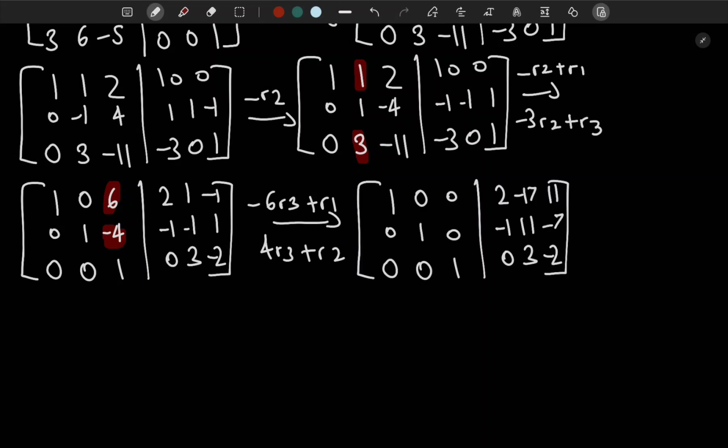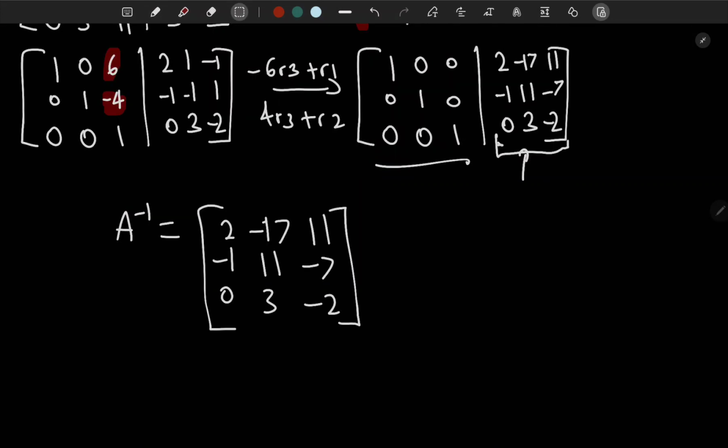So this is the final answer now. So the inverse is the right hand side part, which is only this part, and we can notice that this is in RREF form and there are 3 pivots. So A inverse is equal to this.